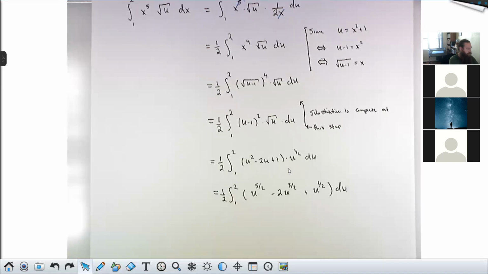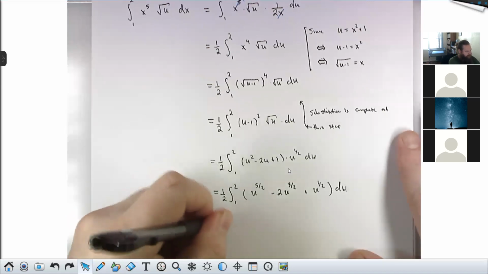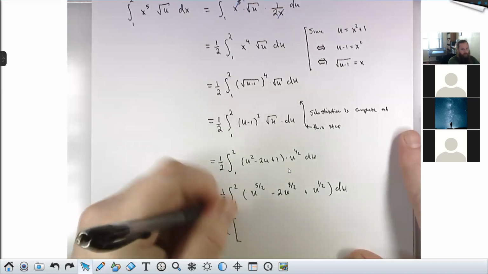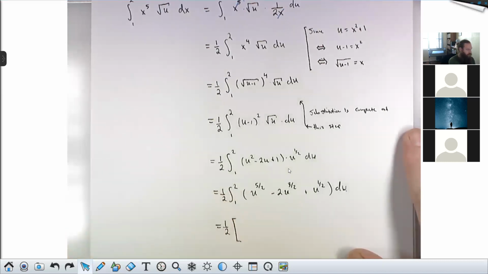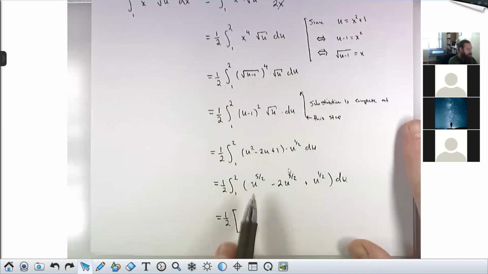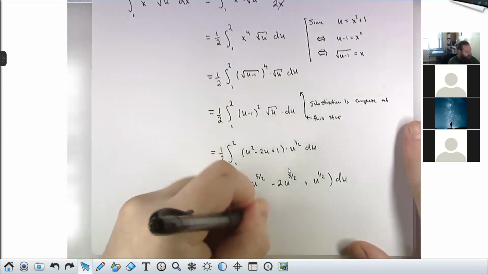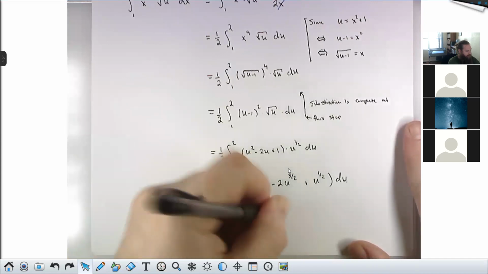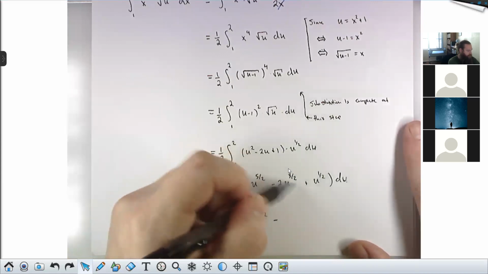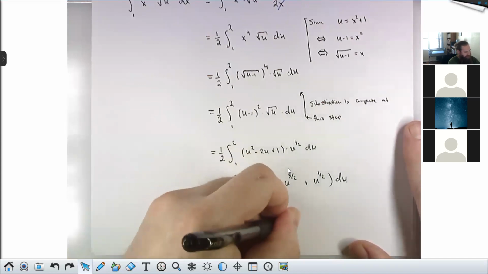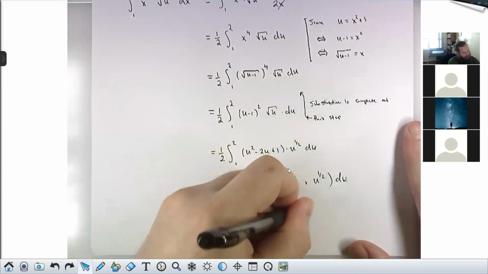Now we're ready for antiderivatives. When we take the antiderivative, the integral symbol and the du go away. Adding 1 to 5/2 gives 7/2. This will be 2/7 u to the 7/2, minus, adding 1 to 3/2 gives 5/2, so this will be 4/5 u to the 5/2.